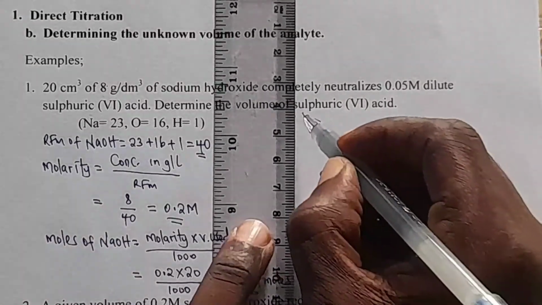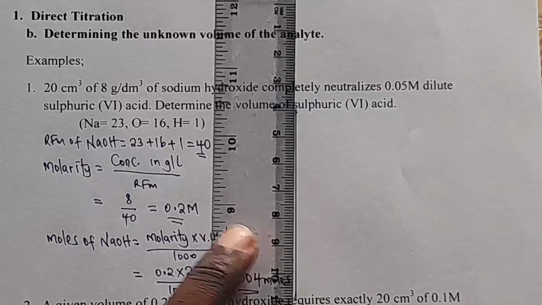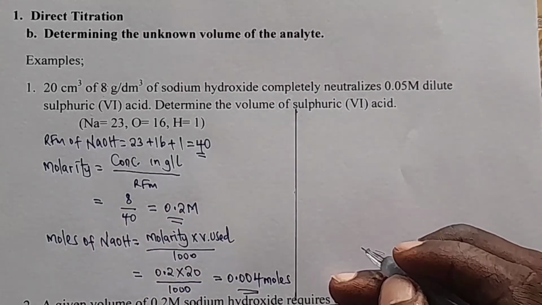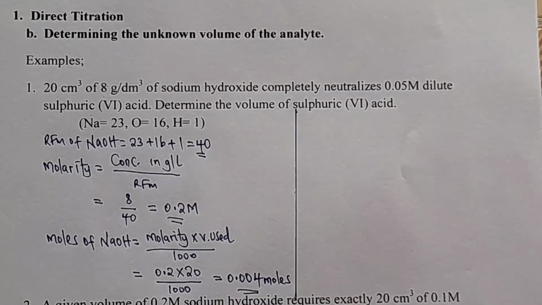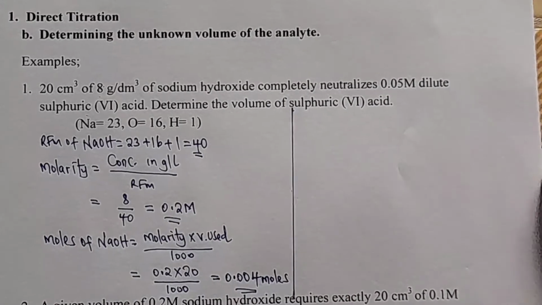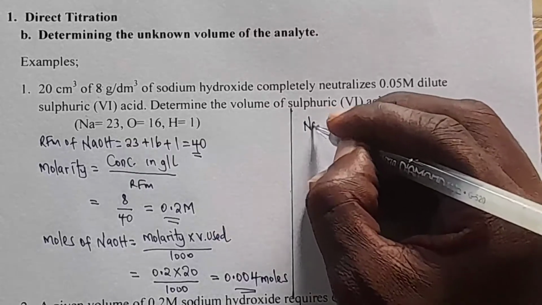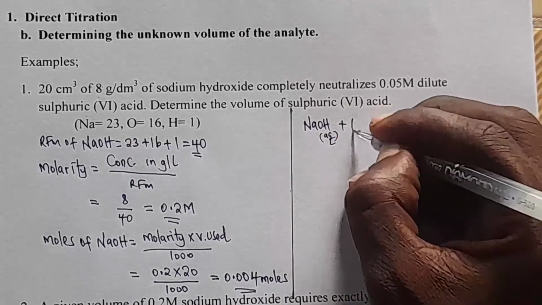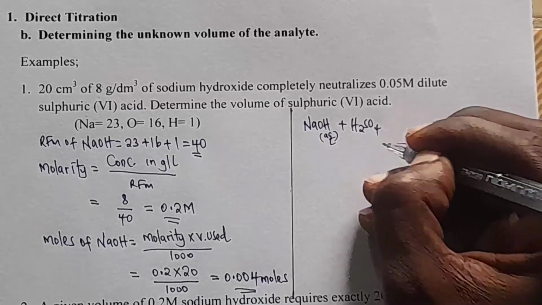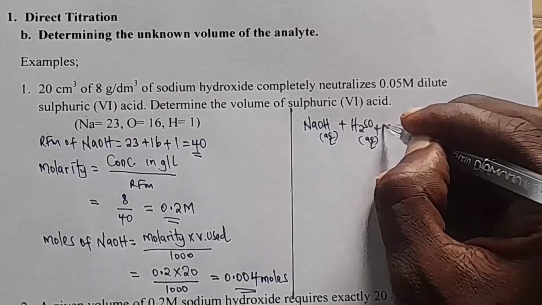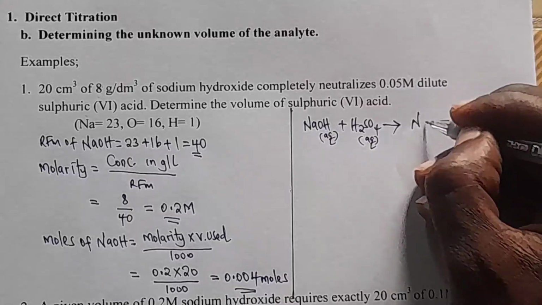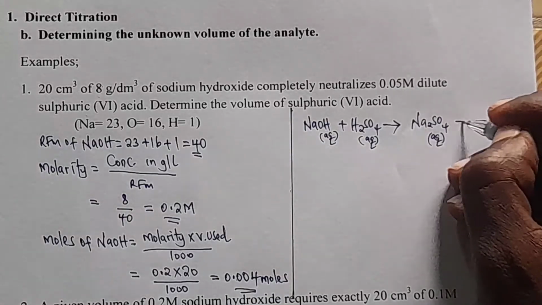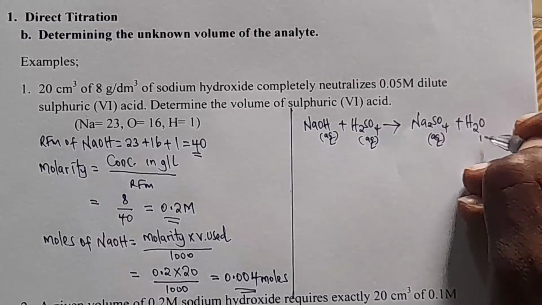Since we have the number of moles of sodium hydroxide, we can also get the number of moles of sulfuric acid by using the mole ratio from the reaction. The reaction is between sodium hydroxide solution plus dilute sulfuric acid solution, giving sodium sulfate, aqueous, plus water, liquid.